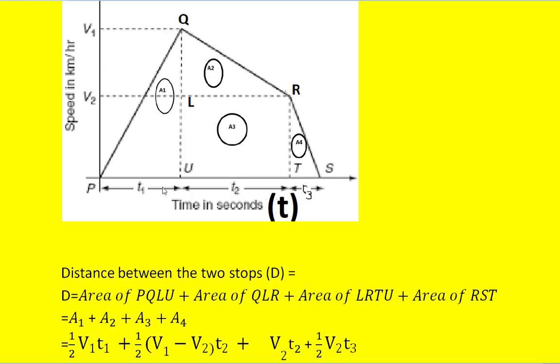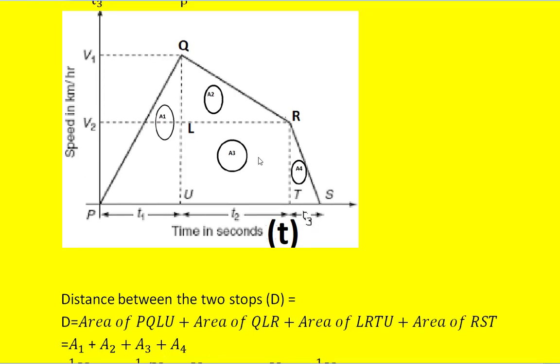T1 is the acceleration period, whereas T2 is the coasting period and T3 is the retardation period. So if you see between the PQ, it is nothing but curve of acceleration. So to know the acceleration, we represent alpha is equal to V1 by T1. That is V1 is the maximum speed divided by time to reach that maximum speed from 0 is T1. So alpha is equal to V1 by T1.